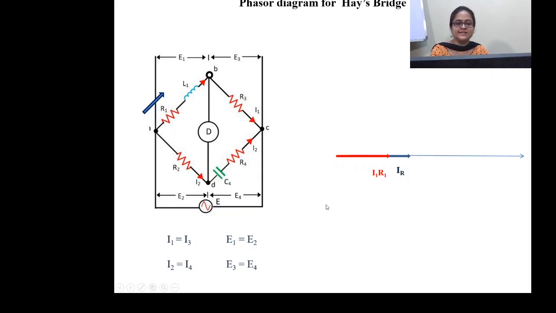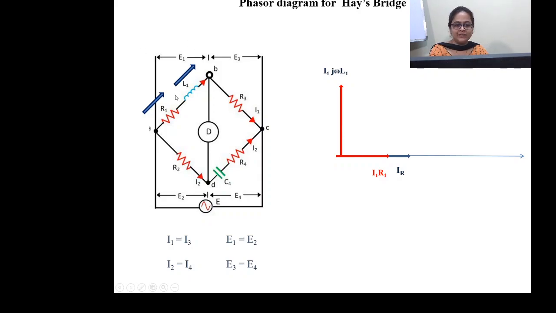Let us move towards the inductor. We know that the current across the inductor is in the same phase as that of IR and I1 R1. So remember ELI, that is LE. For L, E is represented by the voltage which is leading the current by 90 degrees, so denoted by I1 j omega L1.